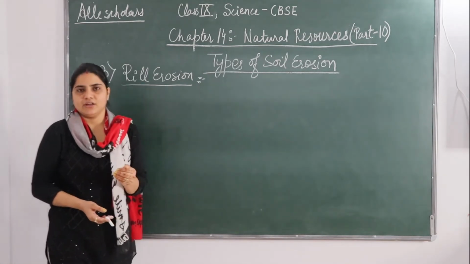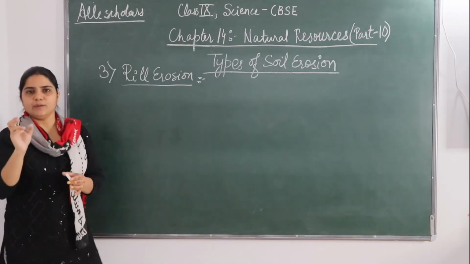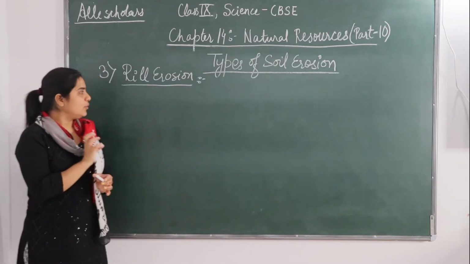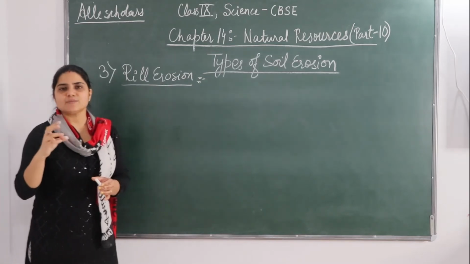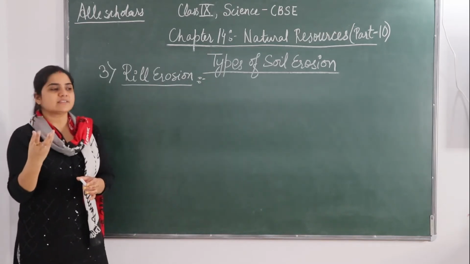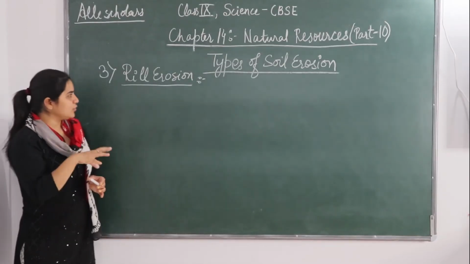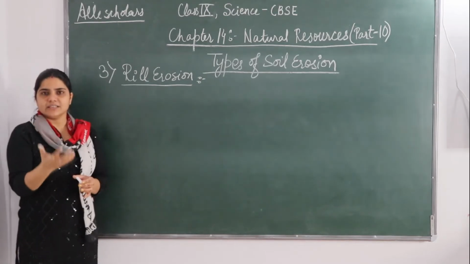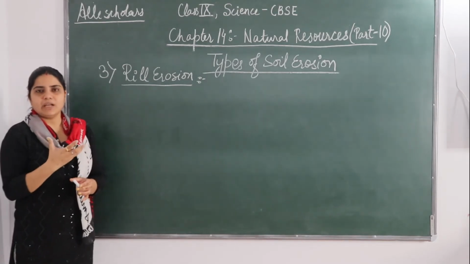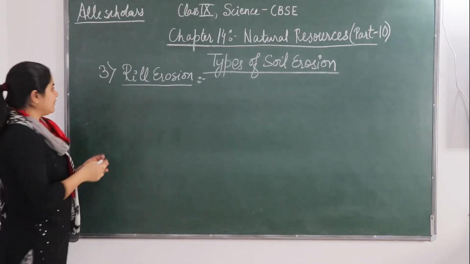So rill erosion is a type of water erosion in which erosion takes place through the narrow streams.